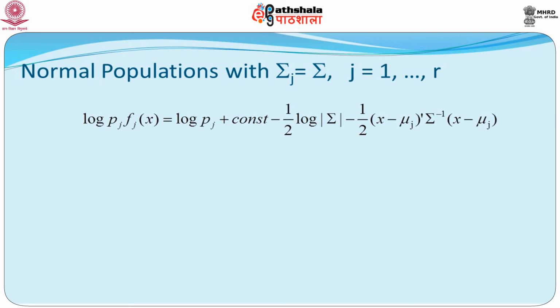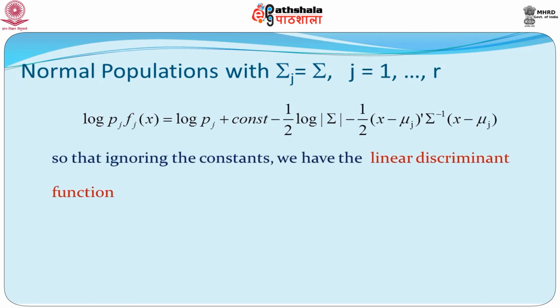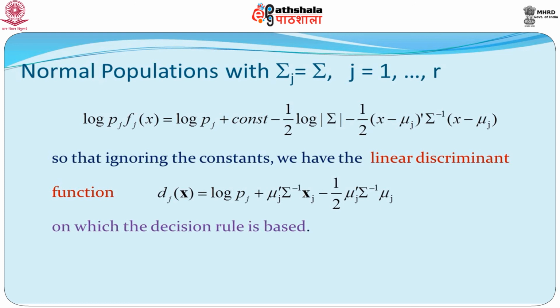So, we can discard the second and third terms and keep the first and fourth. Then d_j(x) simplifies to log p_j plus mu_j' sigma inverse x minus half mu_j' sigma inverse mu_j. Now you can see that the discriminant function is linear in x. So, we have a linear discriminant function on which the decision rule is based.